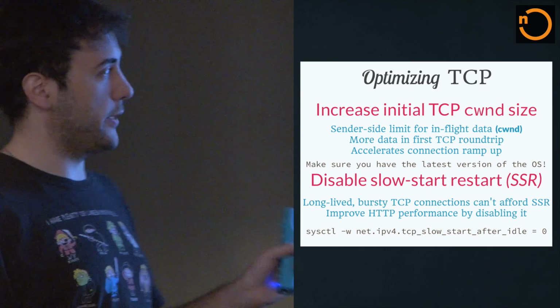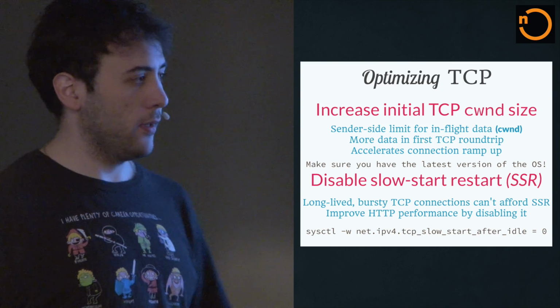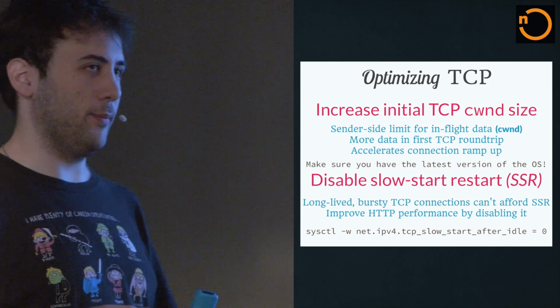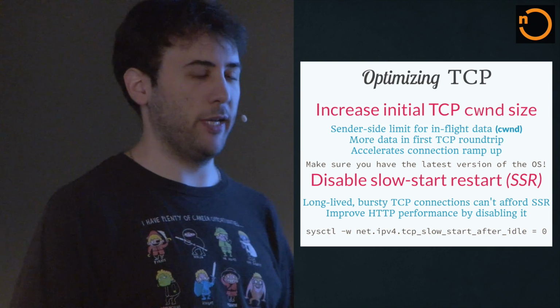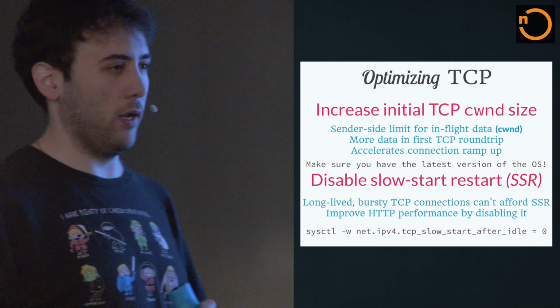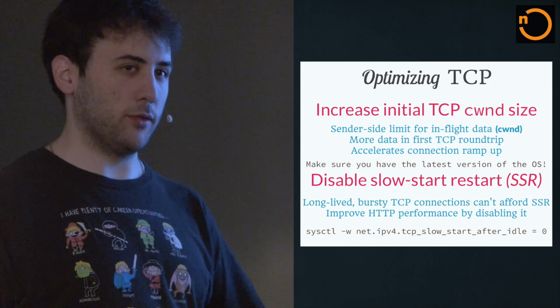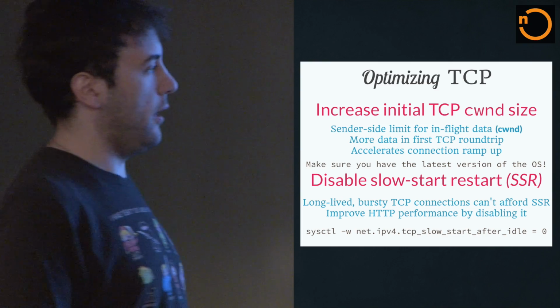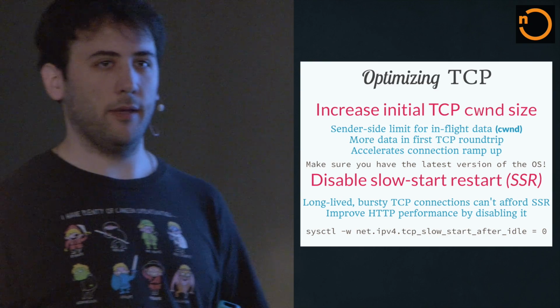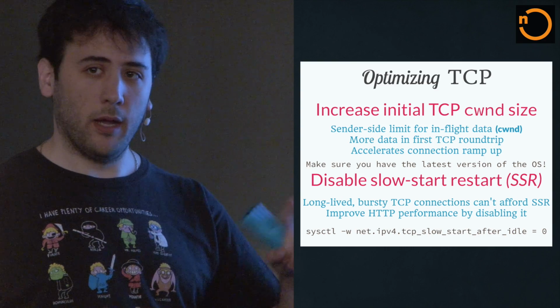The second one is disabling slow start restart, which basically means TCP works in a way that it tries to balance out when the connection has been idle for some time. It goes down on the throughput to the safe levels. And the problem with that is that HTTP by nature is very bursty, right?